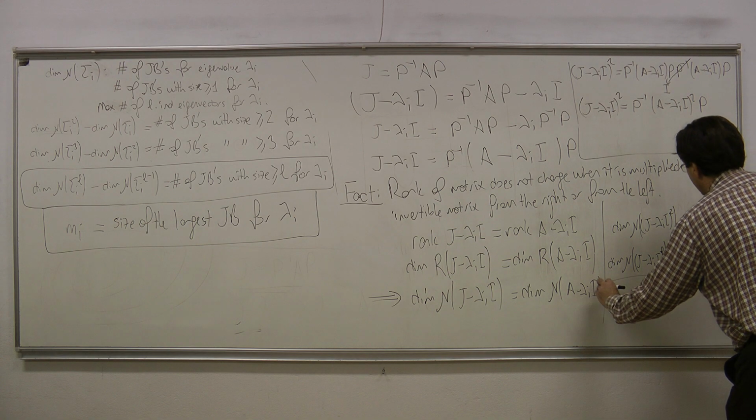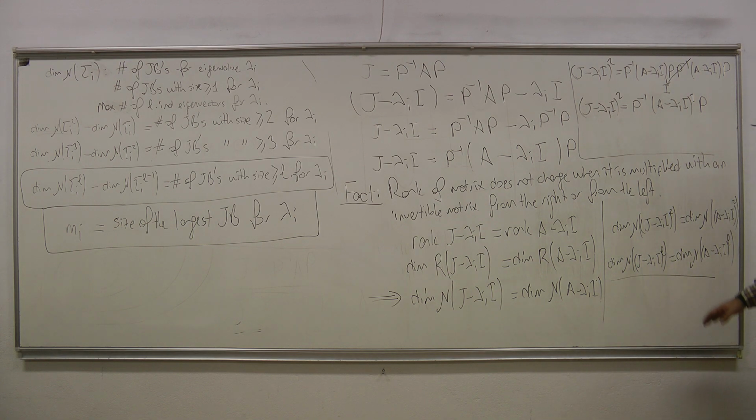So in general, you don't have the Jordan canonical form, and you want to find it. But you can always calculate these null space dimensions. If you calculate them, you know the corresponding dimensions for the Jordan canonical form.